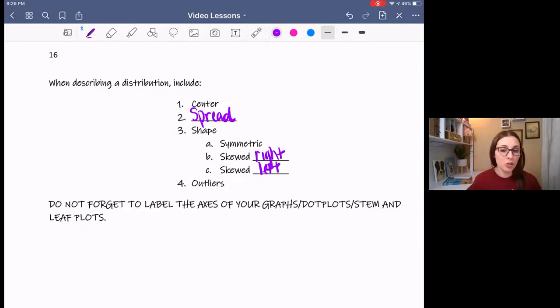We haven't actually learned about center or spread. Center is what you would think of, the middle, and spread means how stretched out it is. Is all your data clustered up towards the middle, or is it spread out? And then the shape refers to that bell shape, or if it's skewed, or if it's uniform, and then any outliers that might exist.